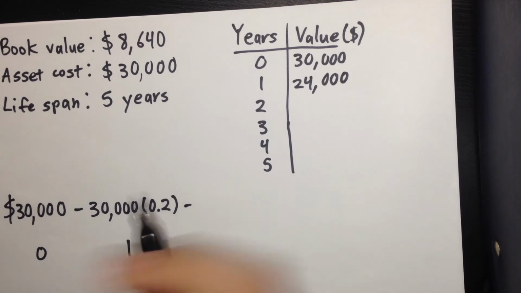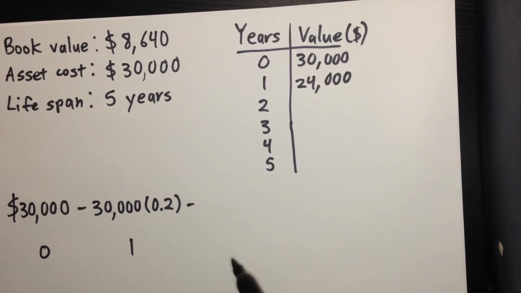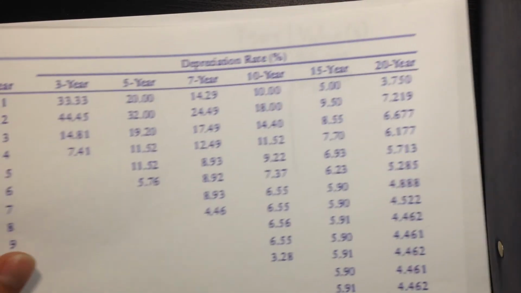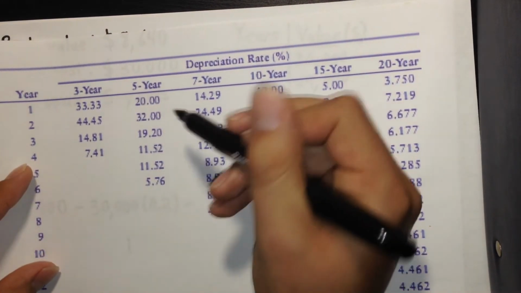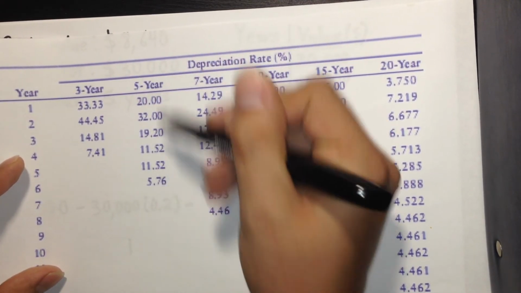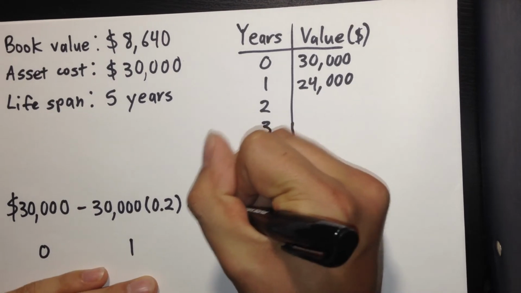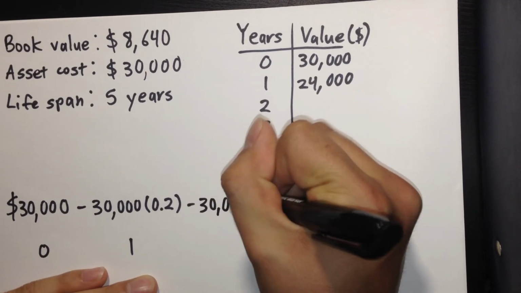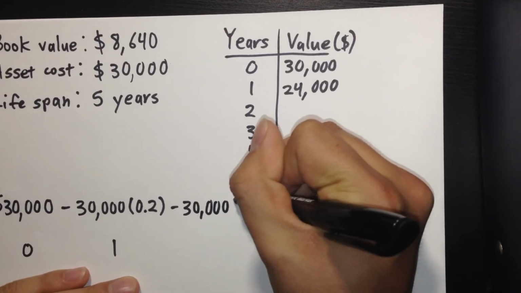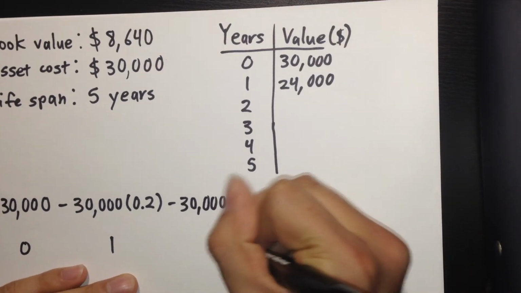Again, the initial value, or the initial asset cost of the product, and multiply it by the second year depreciation, which here is going to be 32%. We're here in the 5-year column. So we'll take the 30,000 again, multiply it by 0.32 for second year.